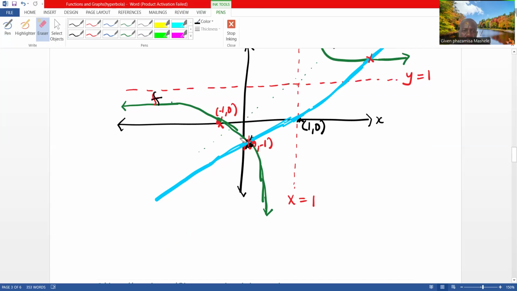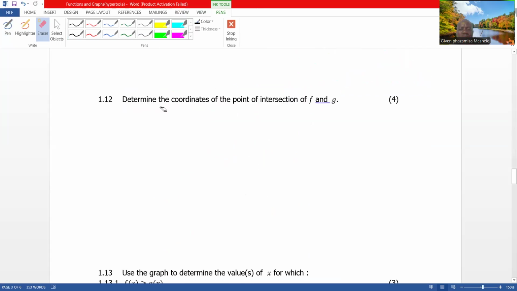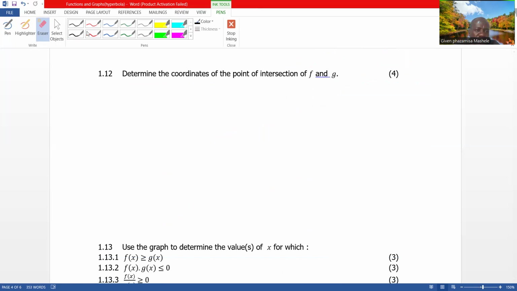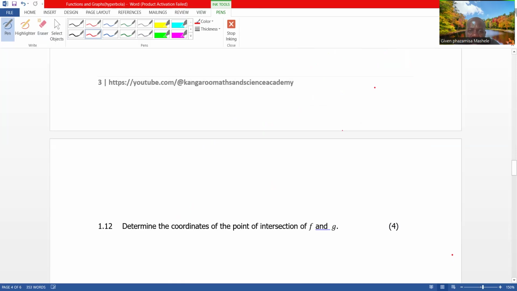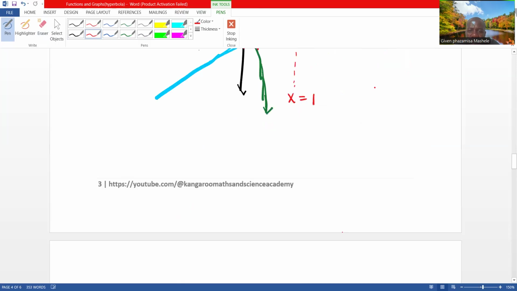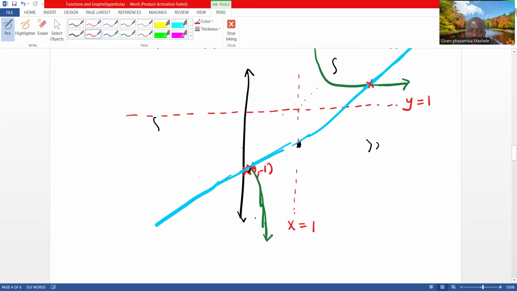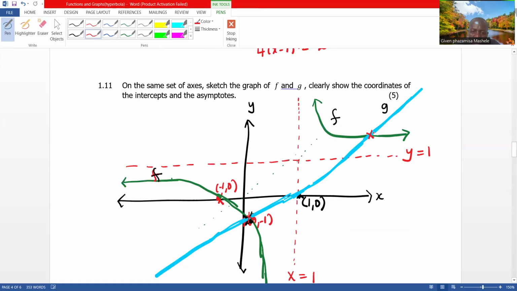In the next question, it says, determine the coordinates of the point of intersection of F and G. So actually, we want to know the coordinates of the point where the two graphs are equal. Obviously, these two graphs are equal at 0 and -1, and even this point. So we actually want to know the coordinate of this point.